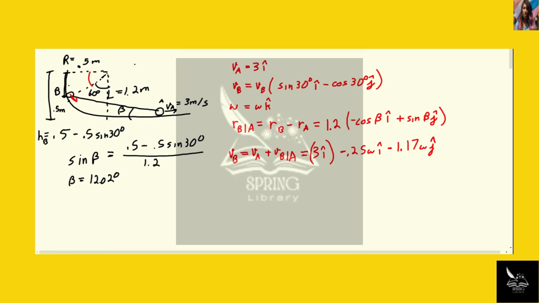So then we can compare our i-hats and j-hats. For the i-hat portions, we have VB times the sine of that 30 degrees equals 3 minus 0.25 omega. We don't know VB yet, or omega, so we're not quite ready to solve for anything here.